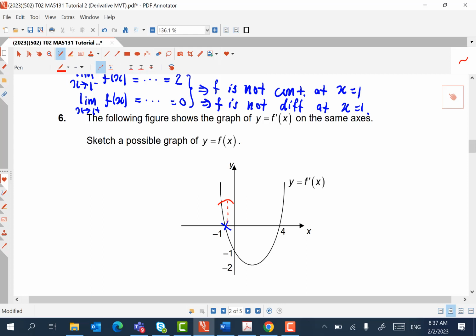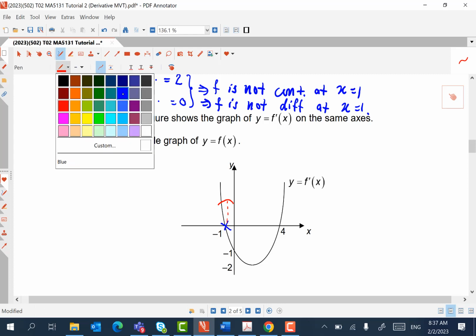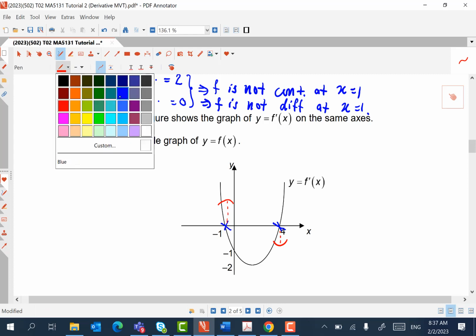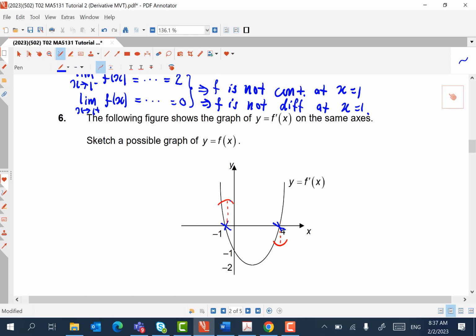At the same time, he also noticed that there is a change from negative to positive. So he identified that there must be a minimum point somewhere around here. And then having marked these two, armed with courage, he joined them up nicely to become like this.